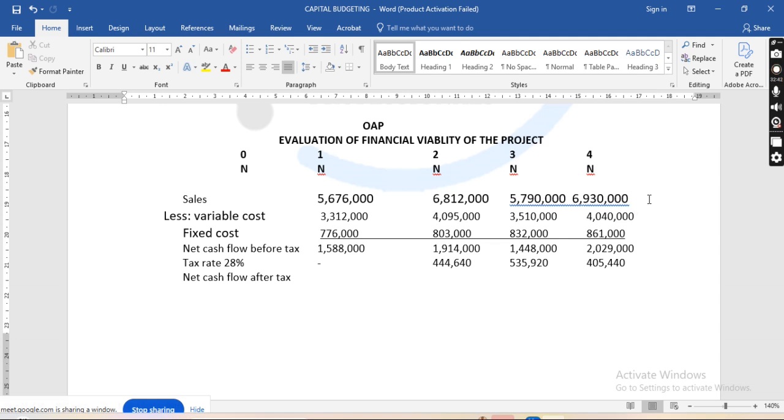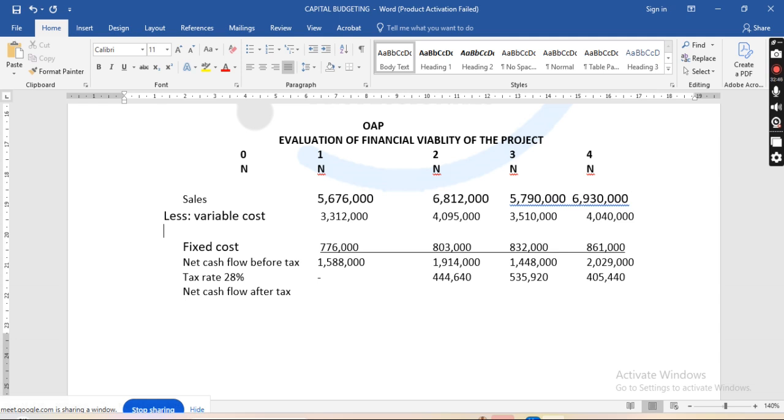Definitely you will pay tax on the sales proceed, right? So on the last year, we can say this is sales proceed or scrap value. Sales proceed or scrap value at the end of the year is 400,000, right? 400,000. That is the sales proceed.